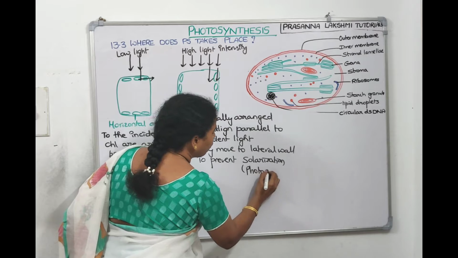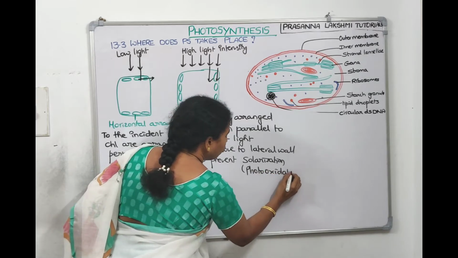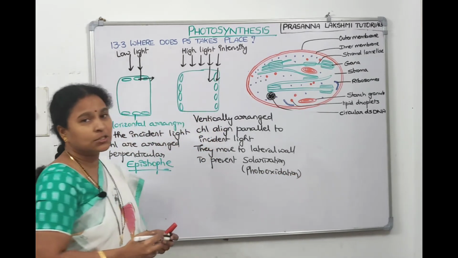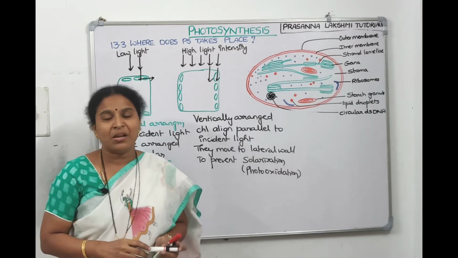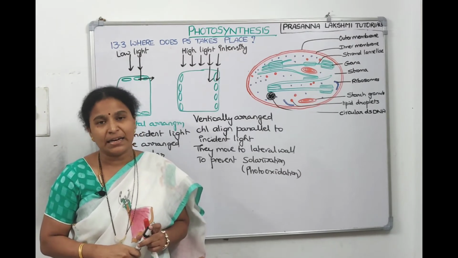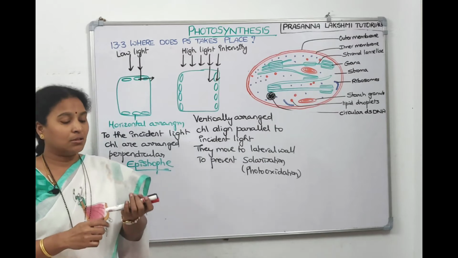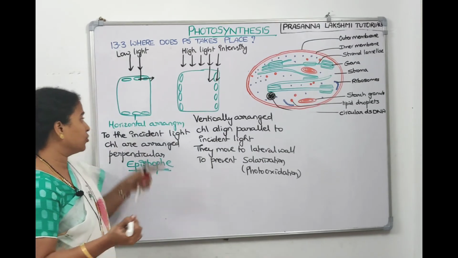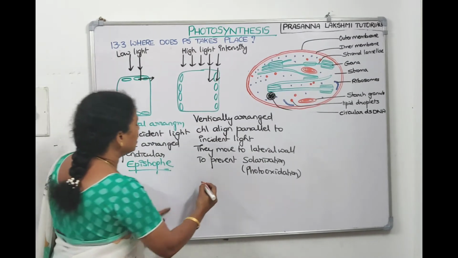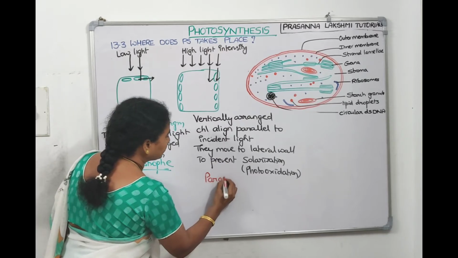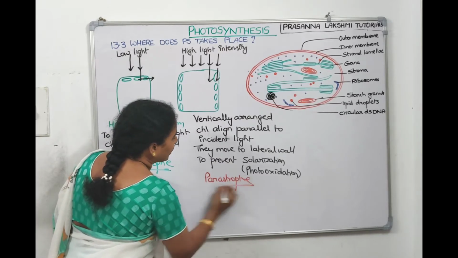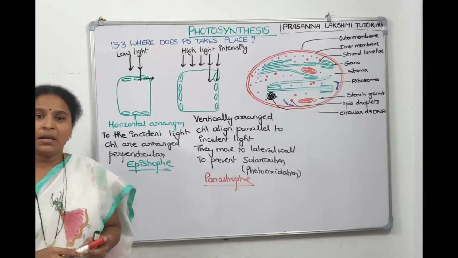It is called photooxidation. To prevent solarization, photooxidation, to prevent damage, they are moving off from the high light intensities. So what is this condition called? This is called parastrophe condition. If that condition is called epistrophe condition, this condition is called parastrophe condition. Understood, children?